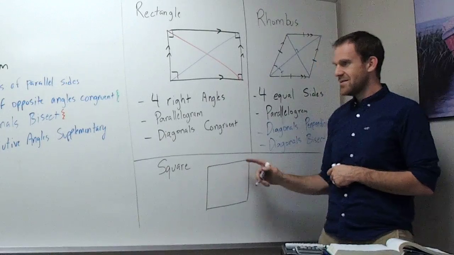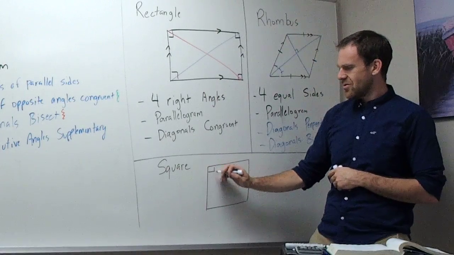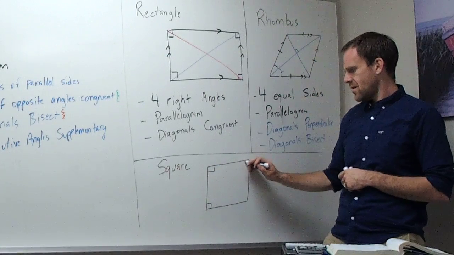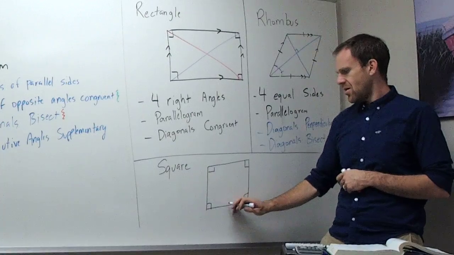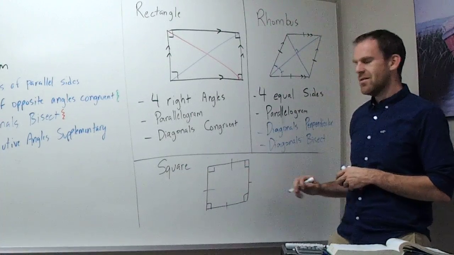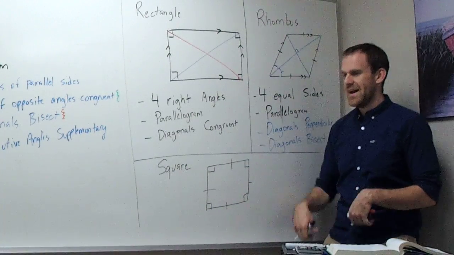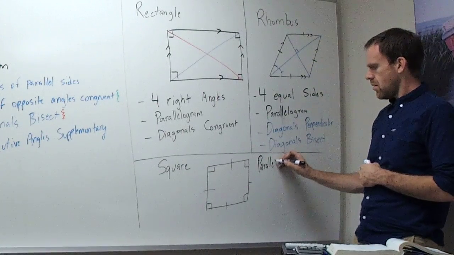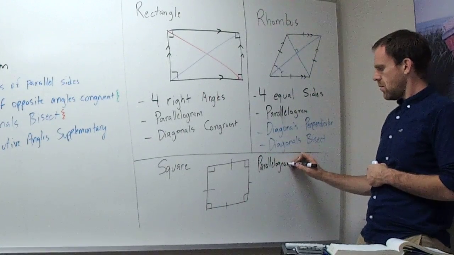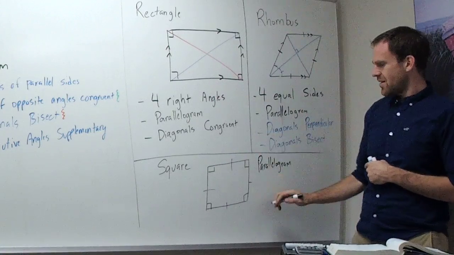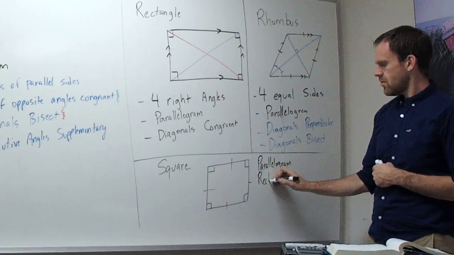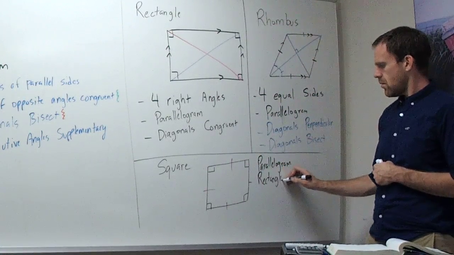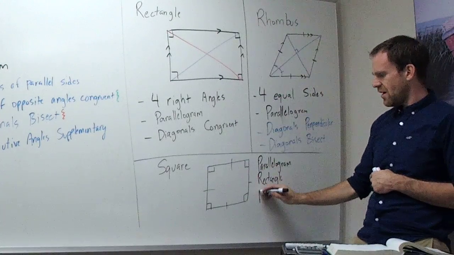It has four sides. All angles are 90 degrees. And all of the sides are the same. So it has all the properties of a parallelogram. It has all the properties of a rectangle. And all of the properties of a rhombus.